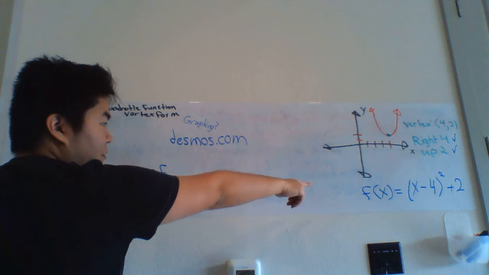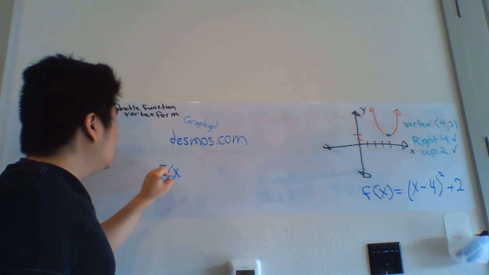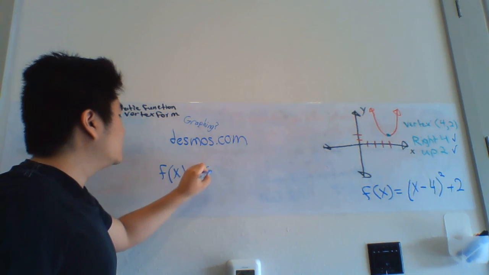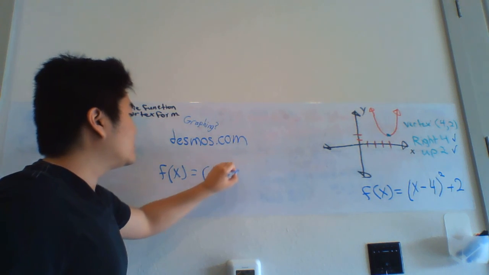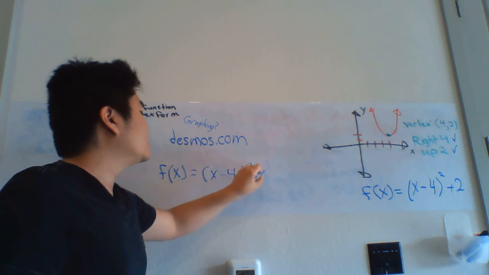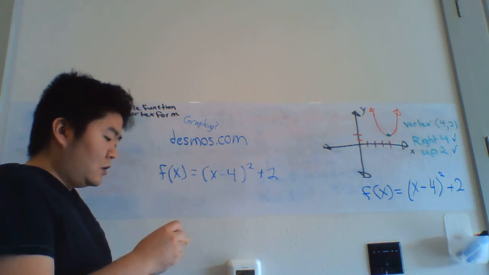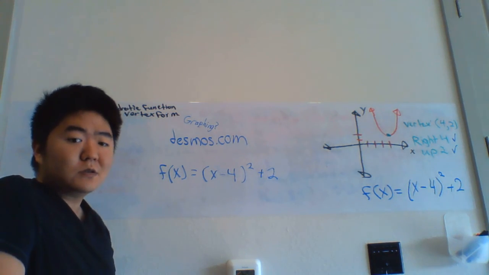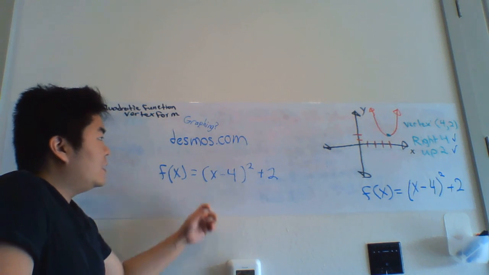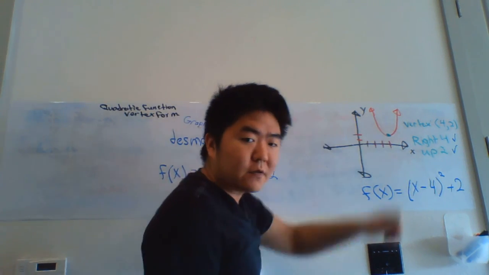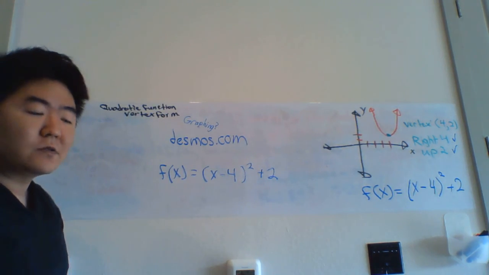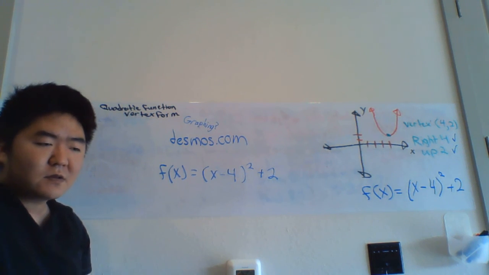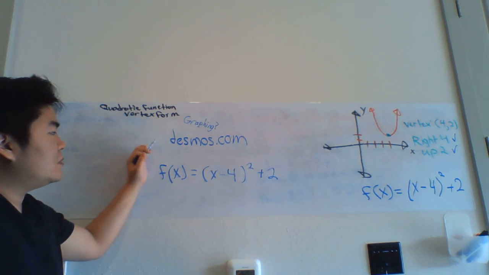So say I had that one right there. So f of x equals x minus 4 quantity squared plus 2, right? You can type this entire thing into Desmos, the function, and it will give you the graph, right? It is a powerful tool. It is very useful. We might start using this a little bit more.